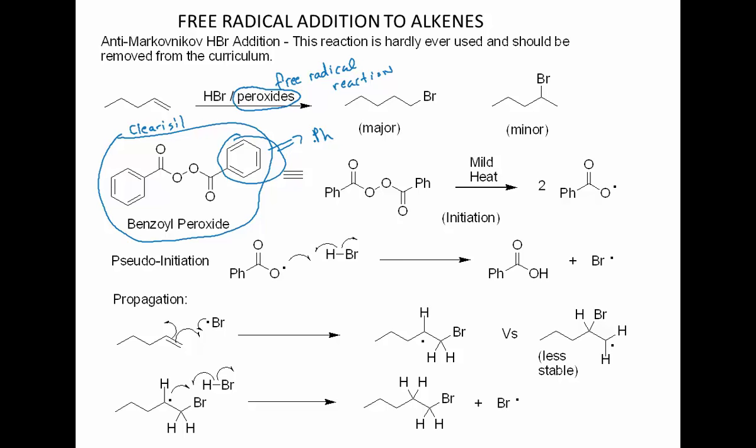So this benzoyl peroxide is going to be represented as the compound right here. So when you have the peroxide present, mild heating will cause the oxygen-oxygen bond of the peroxide, which is not very strong, to just break. Mild heating causes the oxygen-oxygen bond to rupture, and you get this radical here known as a benzoyl radical.